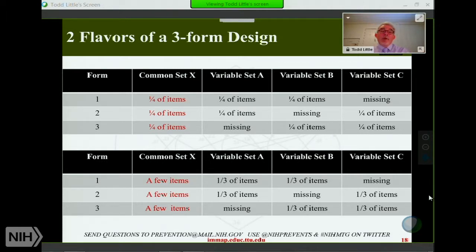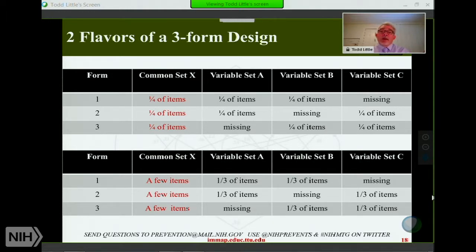So for the top part of this, I've said, let's say maybe take about 1/4 of the items and put them into the X set, and 1/4 into the A, and 1/4 into the B. What that means is I would be creating about 1/4 of my variables missing for each form, because form 1 has X, A, and B items, but not the C items. Form 2 has X, A, and C, but not B. And form 3 has X, B, and C, but not A. So each form is missing about 1/4 of the items.